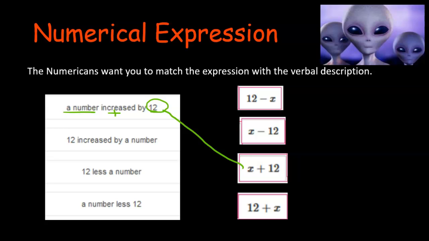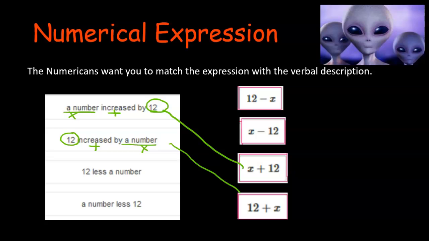But look at this. This says 12 starts the beginning. Addition, increased by a number. We don't know what that number is. So we're going to look for something that says 12 at the beginning, right there. 12 plus x. We're going to use x for all the variables.